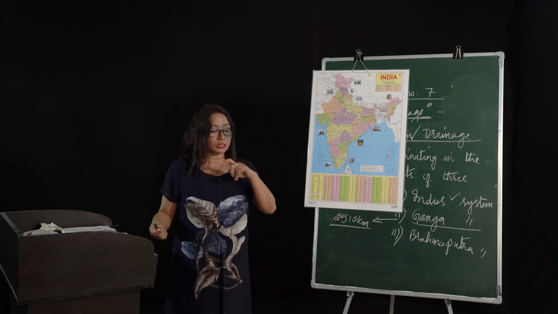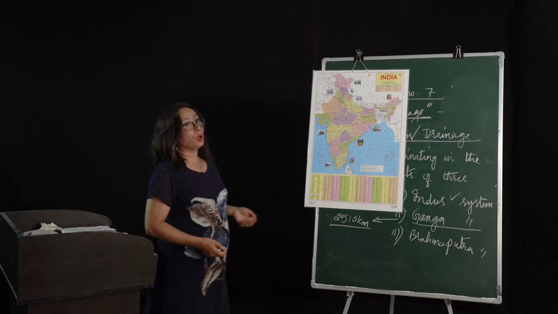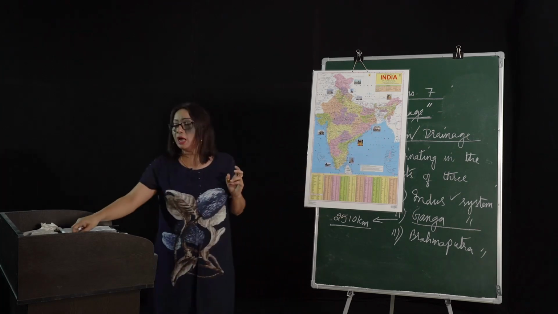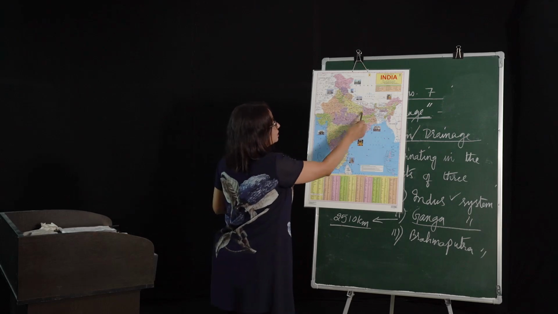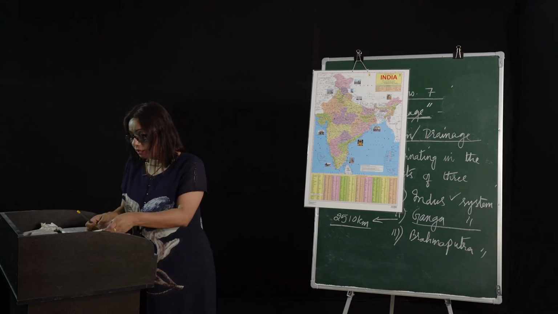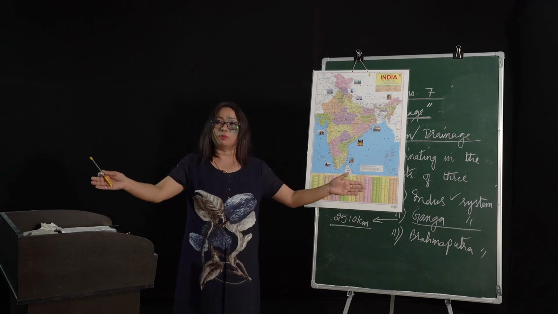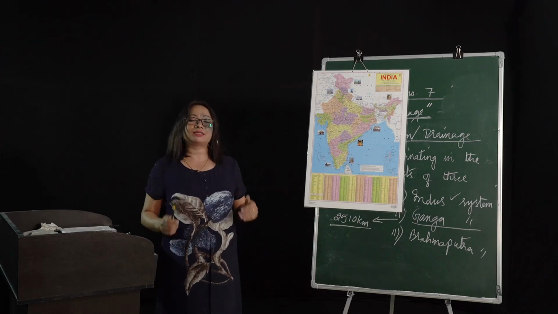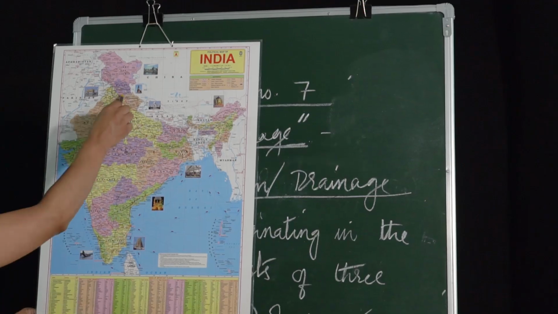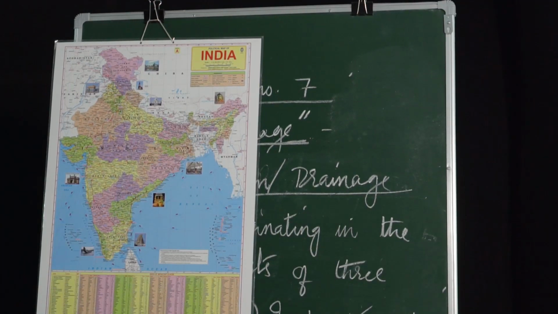It passes through the most fertile and densely populated regions of India. So, the Ganga is 2,510 kilometers long, a broad, slow moving river, flowing through the most fertile and densely populated region of India.